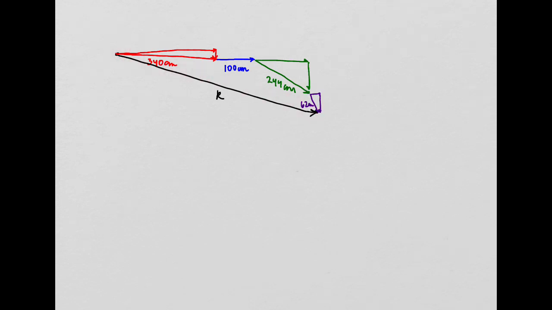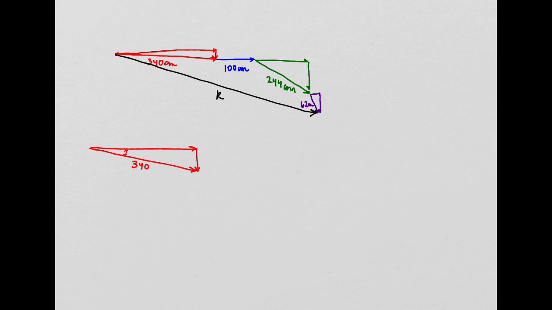So we are going to start up here with our red triangle. We're going to draw this vertical, and then horizontal like that. And this is going to be 340. And we have a little angle right here.